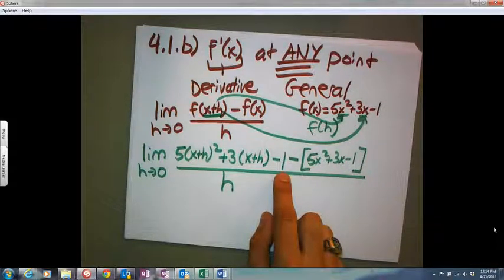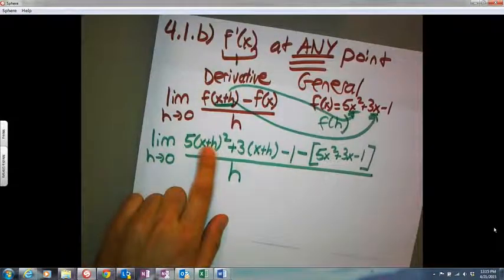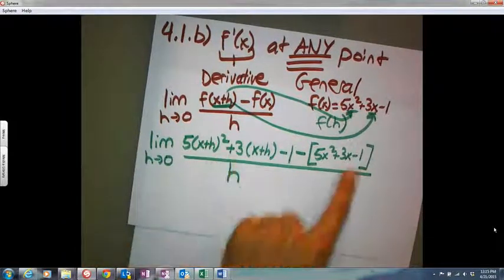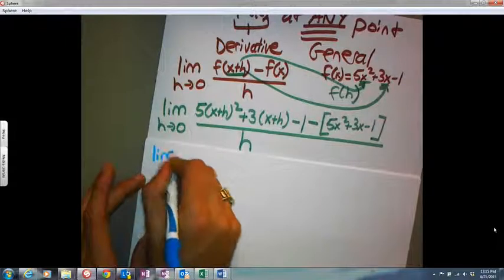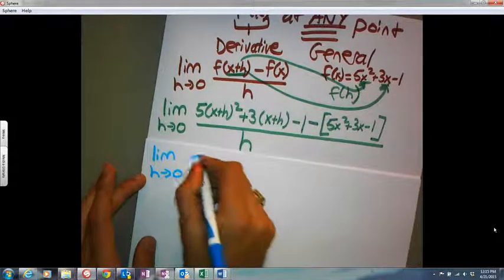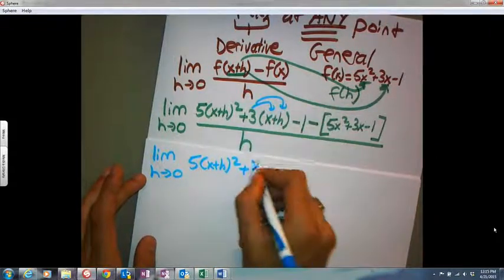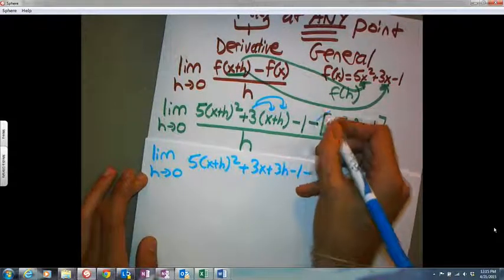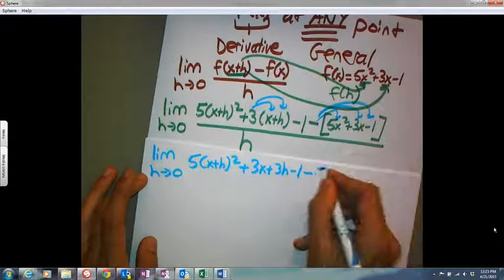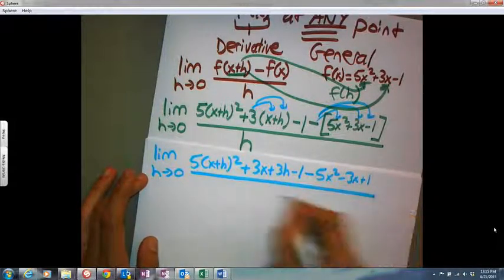Right here, George? Yeah. Step 1, just gotta distribute stuff now. I would wait on this 5 and x plus h squared just because that's the most complicated. I would take care of this distributing first, if I were you. So limit as h goes to 0, 5 x plus h squared plus, distribute the 3 here, 3x plus 3h minus 1 minus, distribute the negative here, again, if the algebra breaks down, stop me in the moment.